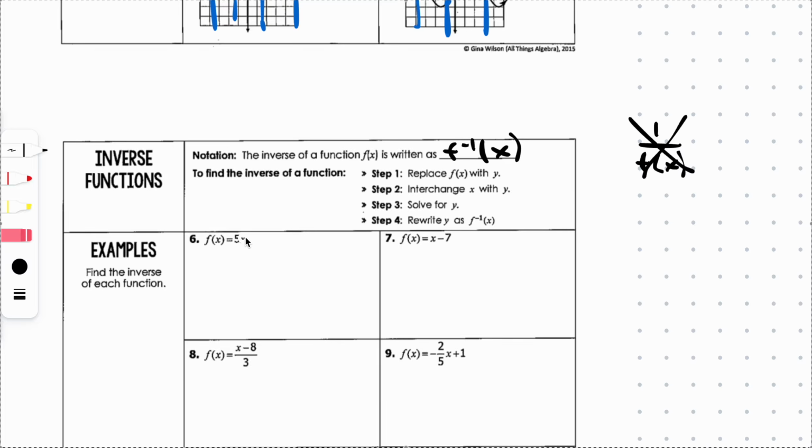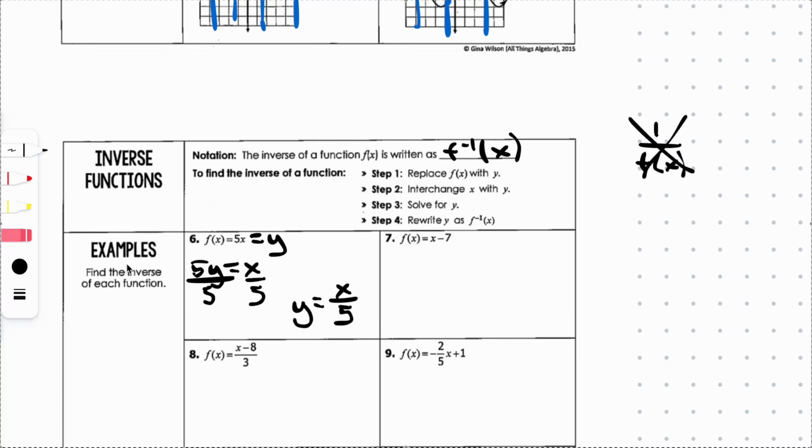So in this case, f of x equals 5x, which equals, I'm going to say f of x is y. So I'm just saying f of x equals y. Now we want to switch x and y such that we get 5y equals x. We try to isolate y by dividing by 5 on both sides. So we get y equals x over 5.